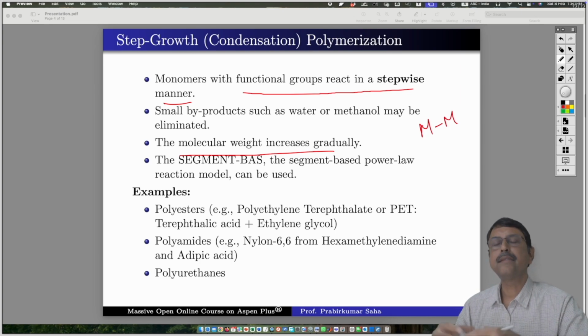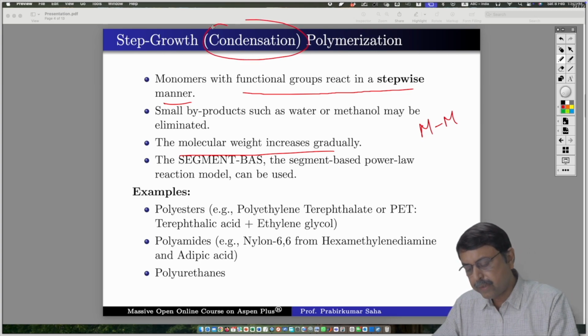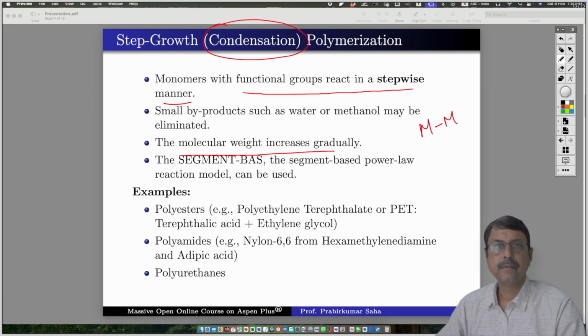So both the size and the molecular weight get increased. This is also called condensation polymerization, as if the monomers are getting condensed into dimers, the dimers are getting condensed into trimers, trimers are getting condensed into tetramers, and so on.